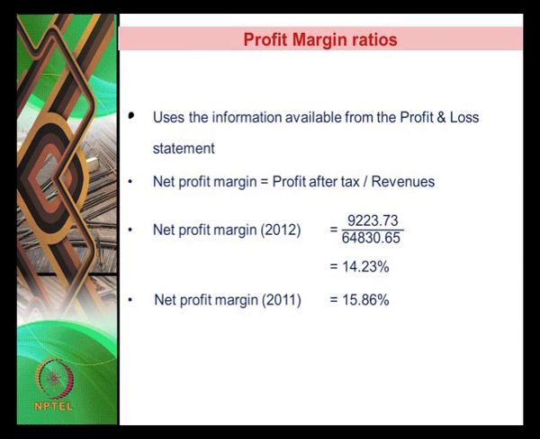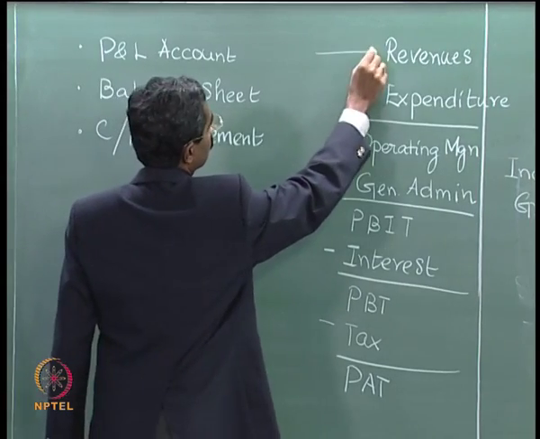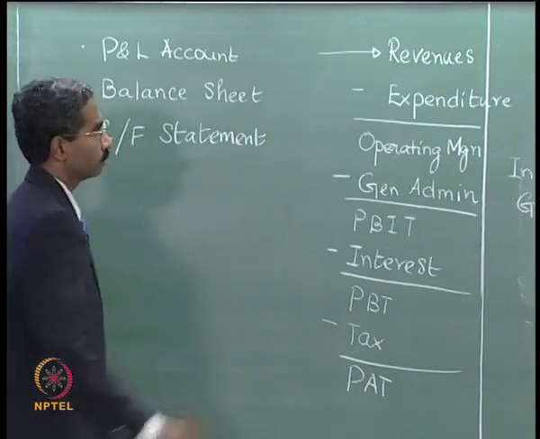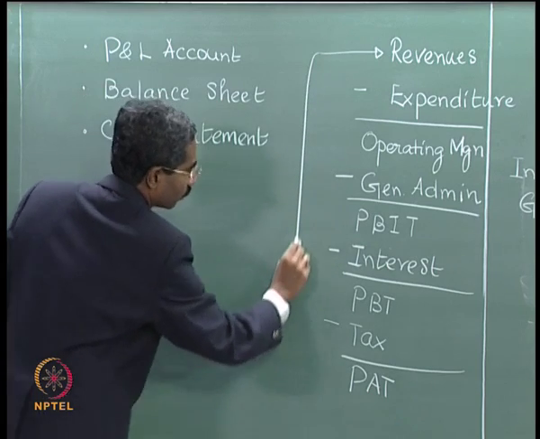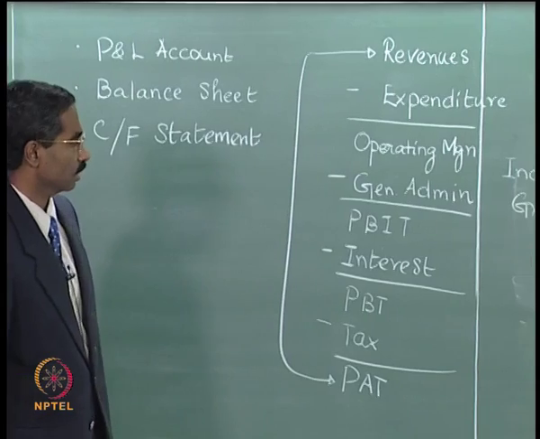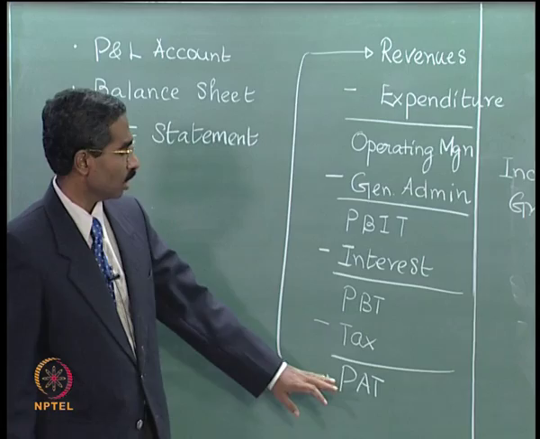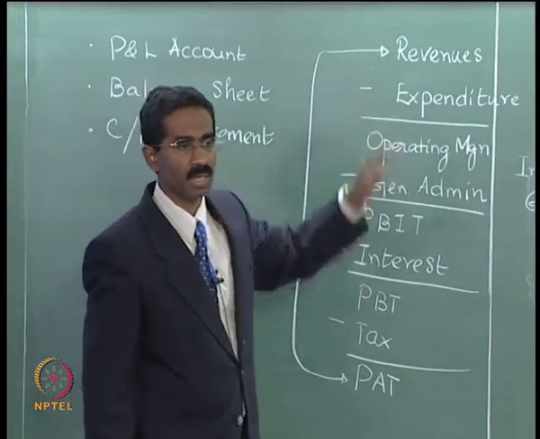Profit margin ratios. If you look at a profit margin ratio, this uses the information available from the profit and loss statement. So you look at the profit and loss statement, you have two items here. We have revenues and then we have profit. So the profit margin is nothing but the ratio of profit after tax divided by revenues.